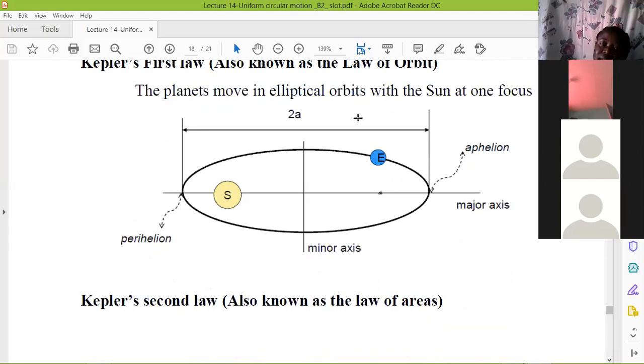It rotates in an ellipse with the sun at one focus. So as it rotates, whether it is the Earth, Mars, or whatsoever, it orbits with the sun at one focus. As you can see here.